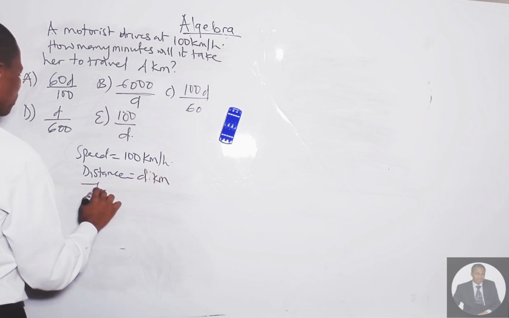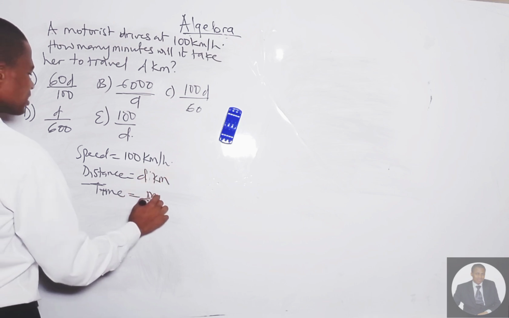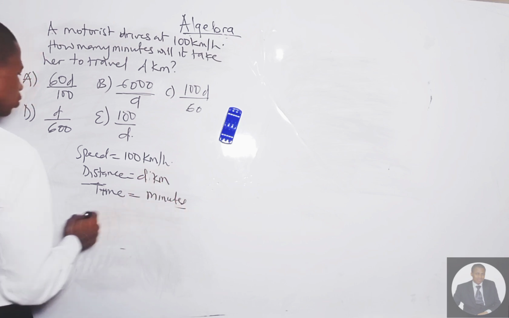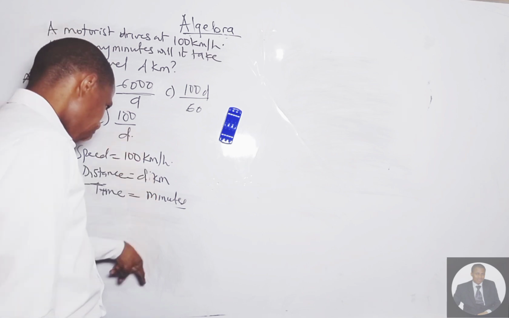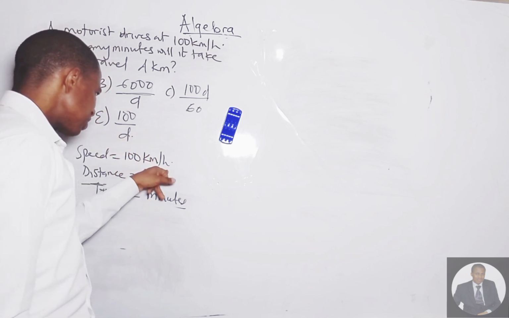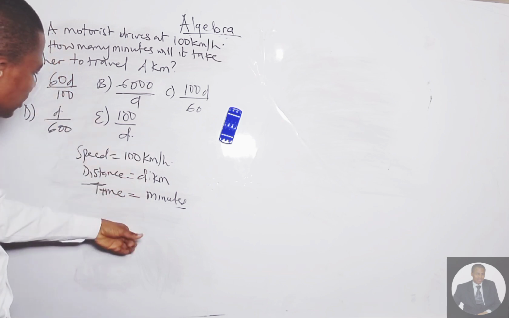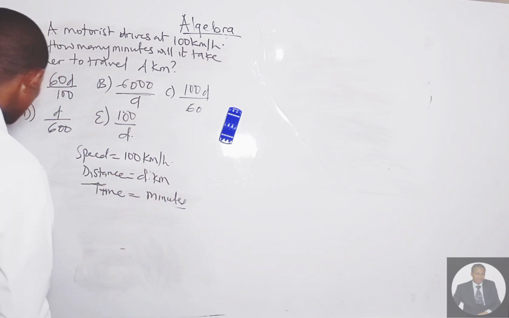But the time we are asked to find is not in hours, it is in minutes. So we have two options here: either convert this speed into kilometers per minute, or whatever final answer we get, we convert it into minutes. So let's go this way.